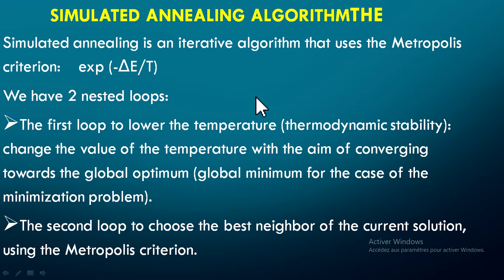So, simulated annealing is an iterative algorithm that uses the Metropolis criterion. We have two nested loops. The first loop lowers the temperature, for thermodynamic stability.